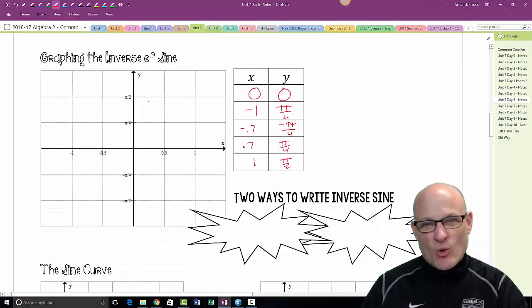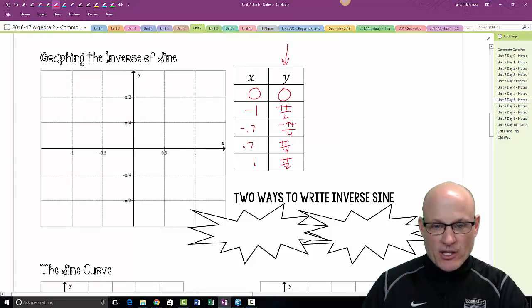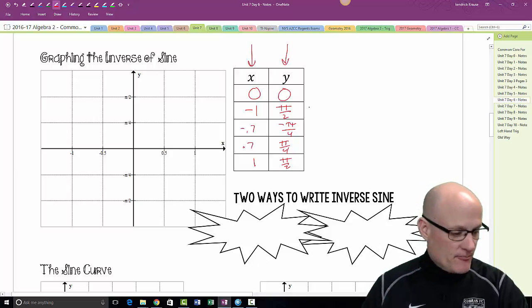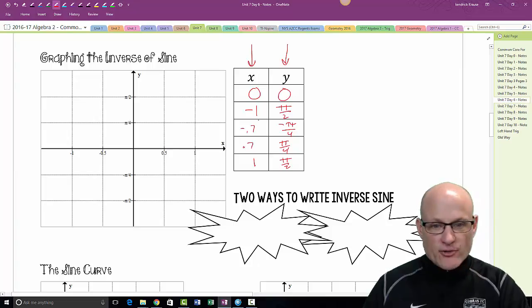Now notice the x and y scale switched because I knew my y values were now going to have the radian measures and my x values were going to have the integers or real numbers in it. So let's go 0, 0. Now let's go -1.